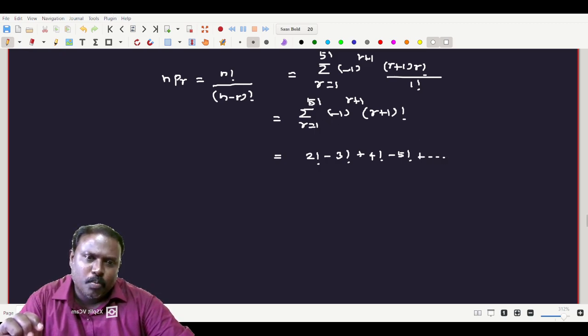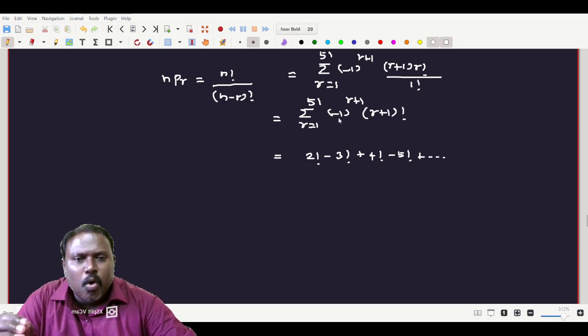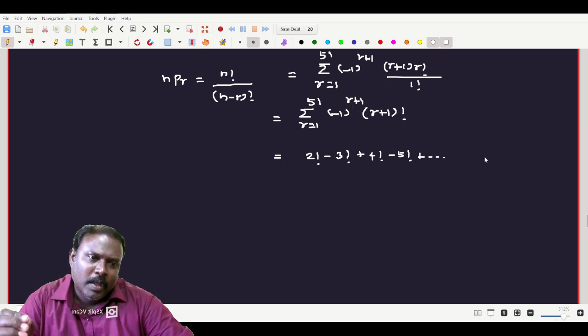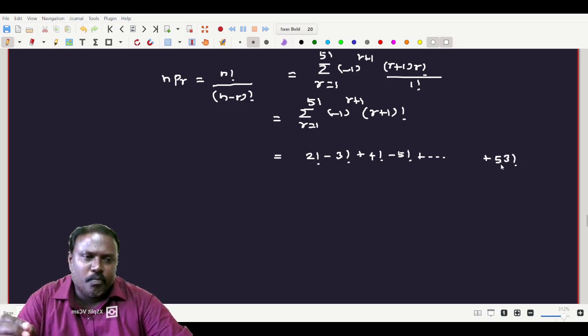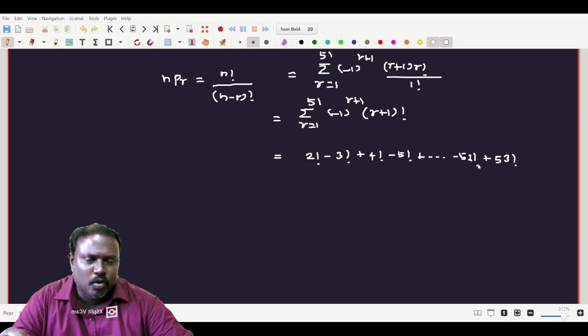Last I need to put r equals 51. If I put r equals 51 here, (-1) to the power 52 will come. That is plus. Here 53 factorial will come. So before this, what I get is minus 52 factorial.